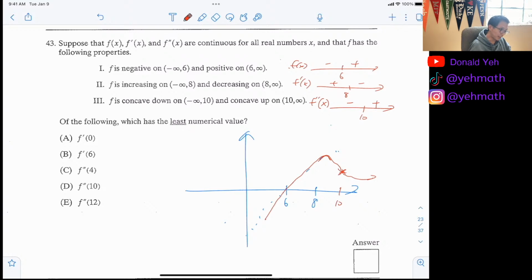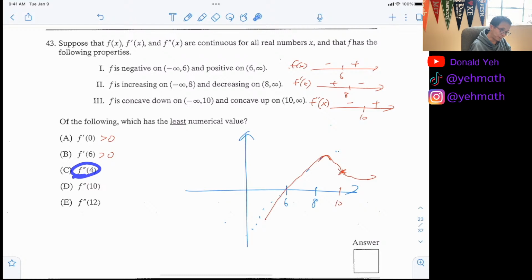Okay, so then let's figure it out one by one. F prime of 0. So this one is obviously greater than 0. Oh, sorry. They both are greater than 0. Right? Because look at this. Is that okay?